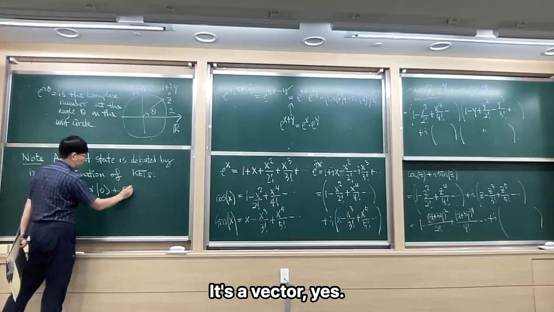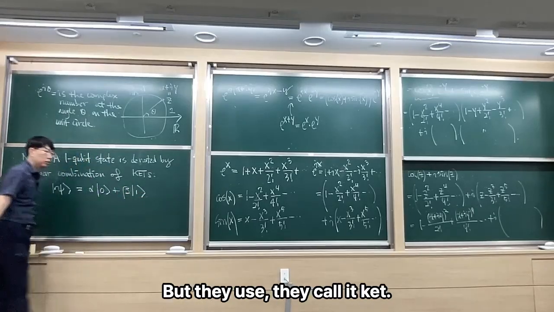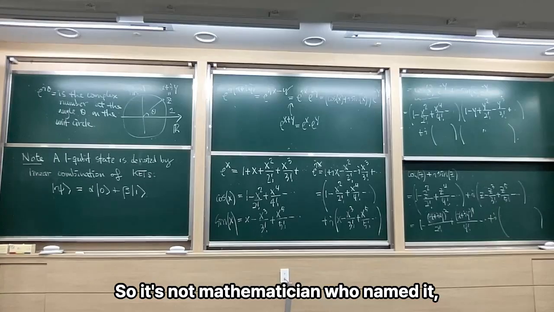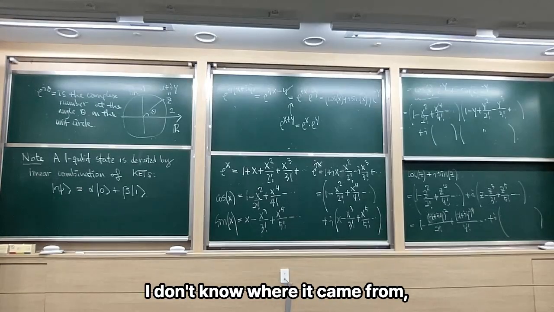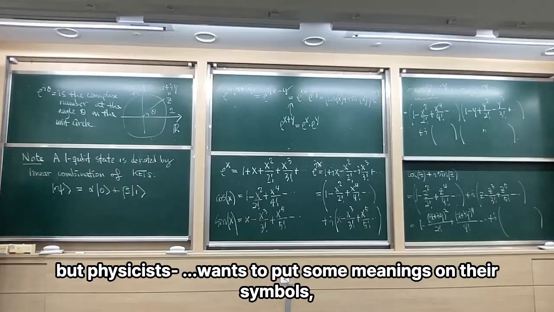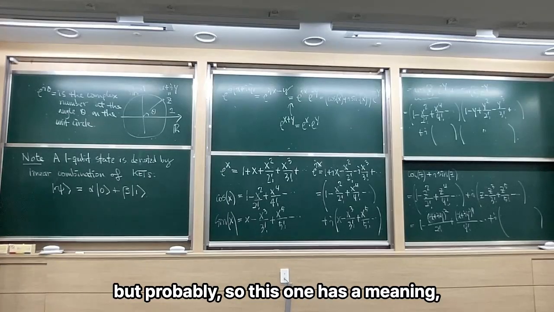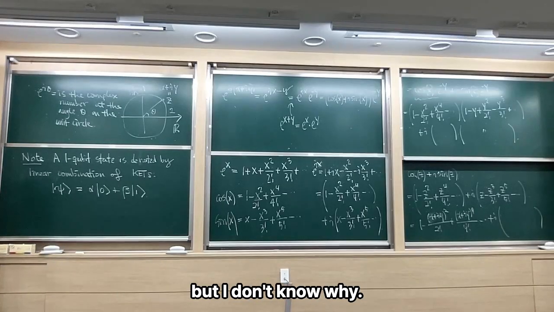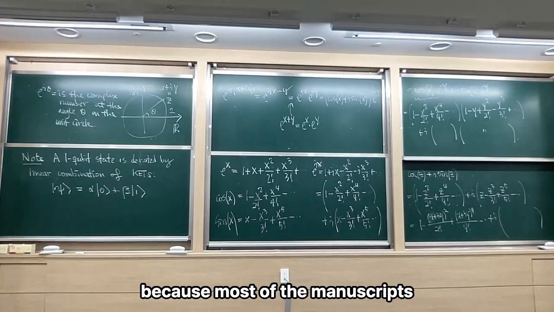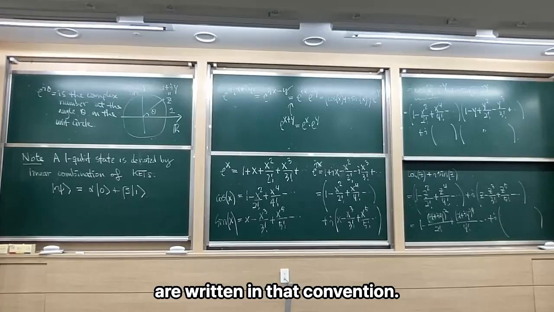Yes, it's a vector, but they call it a ket. It's not mathematicians who named it, it's physicists. I don't know where it came from, but physicists want to put some meaning on their symbols, so this one has a meaning, but I don't know why. But it's a convention, so we have to follow it because most of the manuscripts are written in that convention.